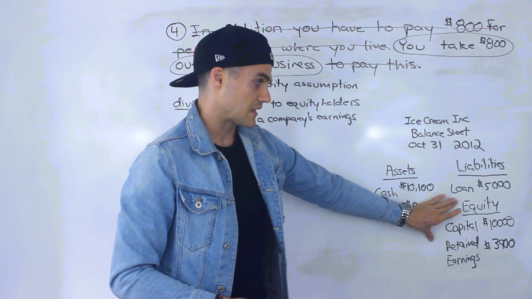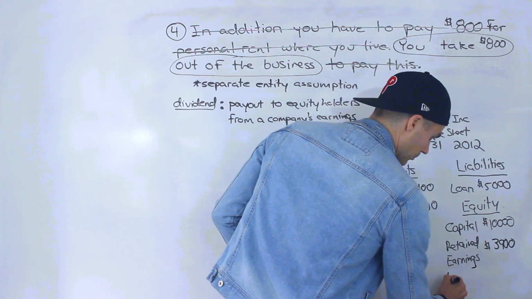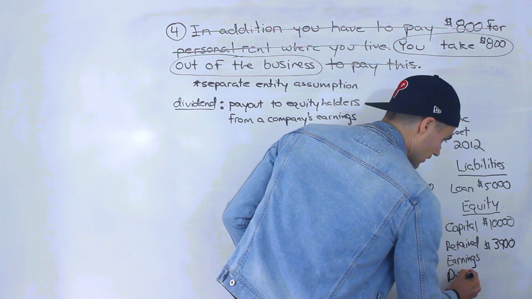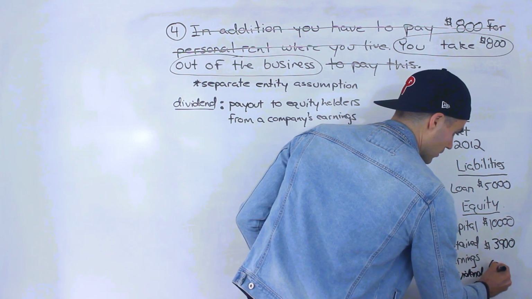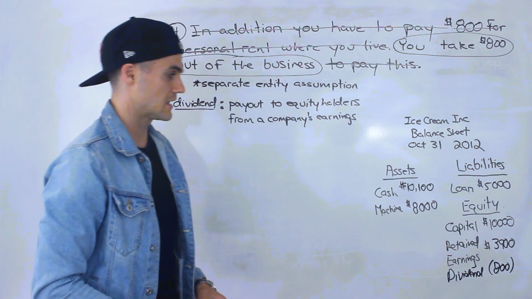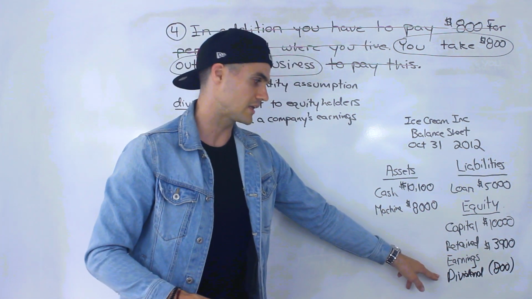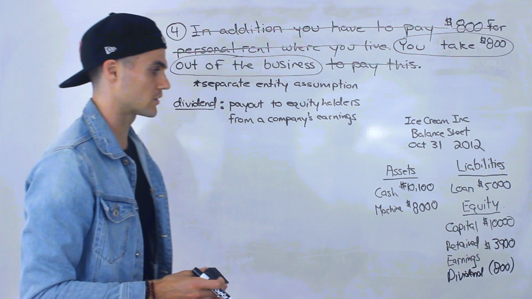It's definitely going to be something in equity. So maybe we put a category here where we have like dividend, and then this would be a negative number of 800? Notice that would make the right side balance. But then we're making that equity account more and more confusing again. We're adding more categories, right?